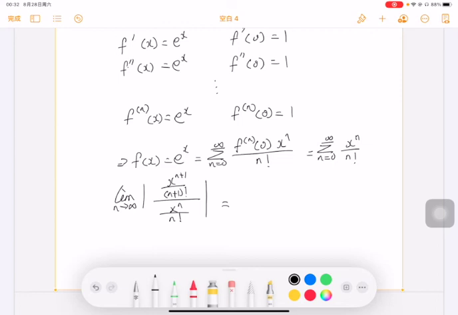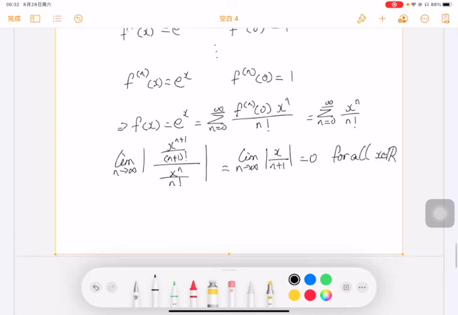Now this is the limit of x over n plus 1, which is 0 for all x on the real line. So it tells us that the radius of convergence is r equals infinity.